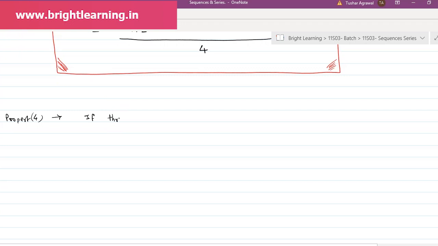If 3 numbers are in AP, then it is advised to take the numbers as follows.